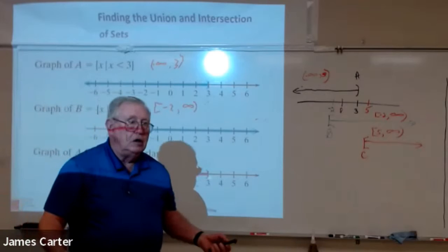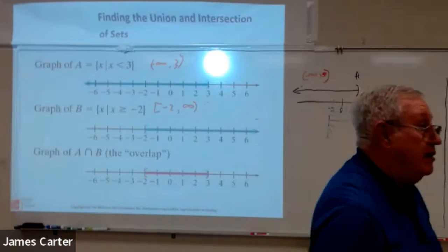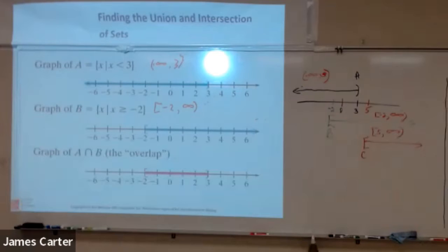So this piece right here is what we call the intersection, or the shared in common part, or the betweenness. And that's the way I'd like you to think about it, is that is the betweenness. Okay? The answer is everything between here and here.